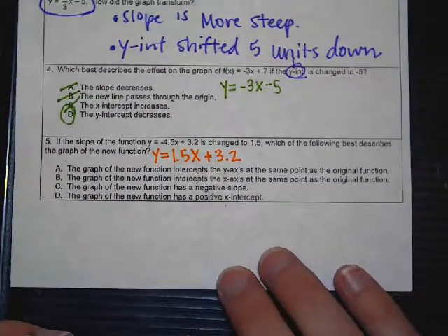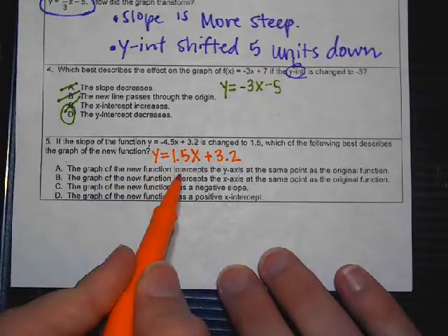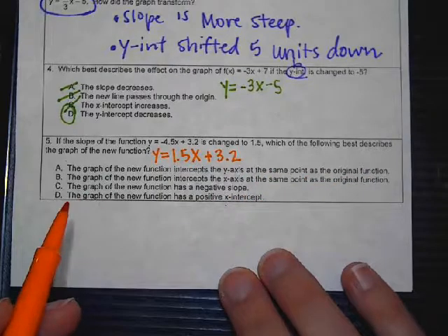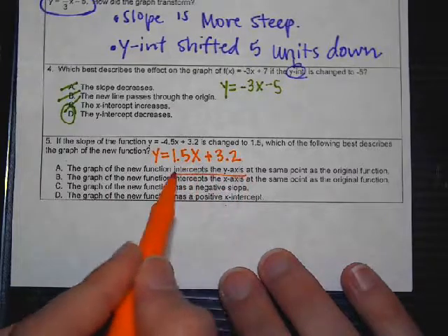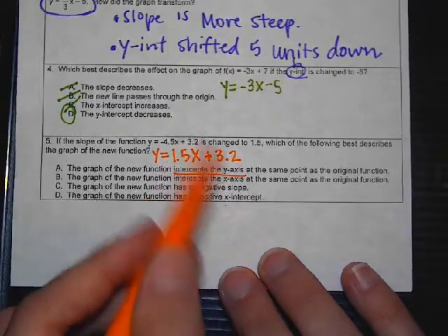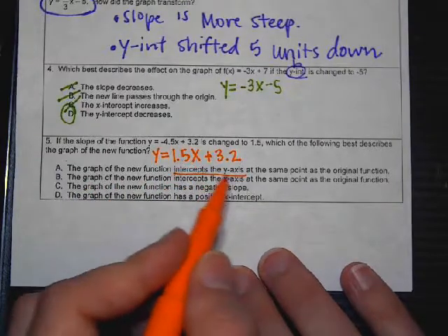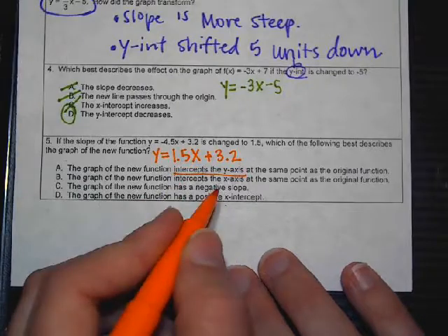All right, let's read our answer choices. A, the new graph of the function intercepts the y-axis at the same point as the original function. Do they have the same intercept on the y-axis? Yes. Do they have the same b? Yes, so that works. B, the graph of the new function intercepts the x-axis at the same point. Do I know anything about the x-axis?